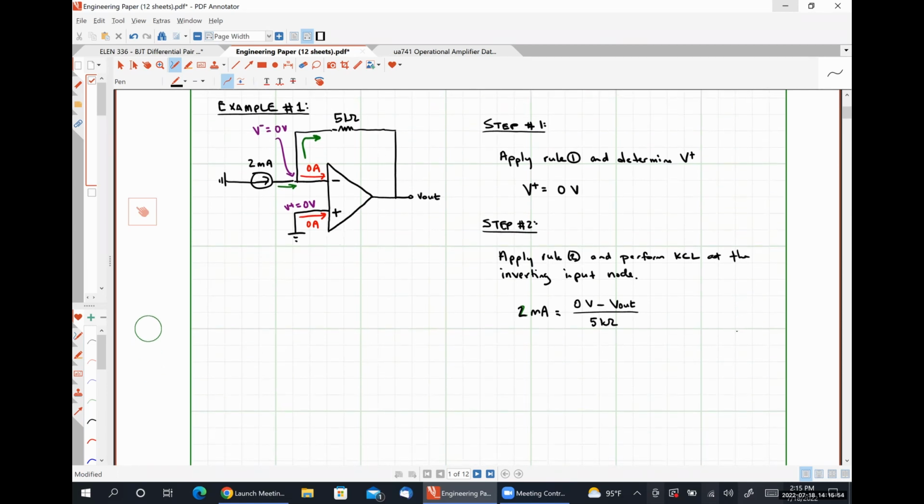Step number 3 is simply solve our KCL equation for V out.